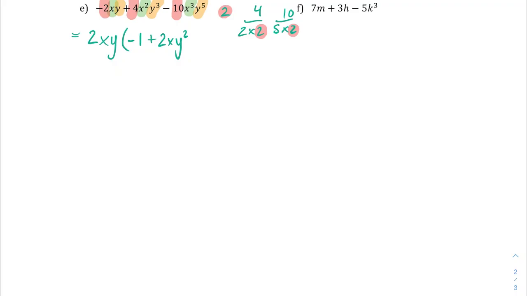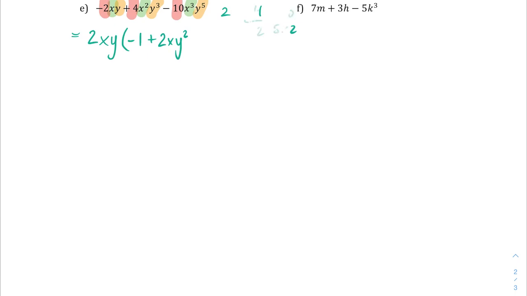So if you instead think about multiplication, 2xy, and how do you get back 4x squared y cubed? Well, you need to multiply by 2. You need x squared, so you need to put another x, and you need y cubed, so you need a y squared. So that could be easier for you to think about.